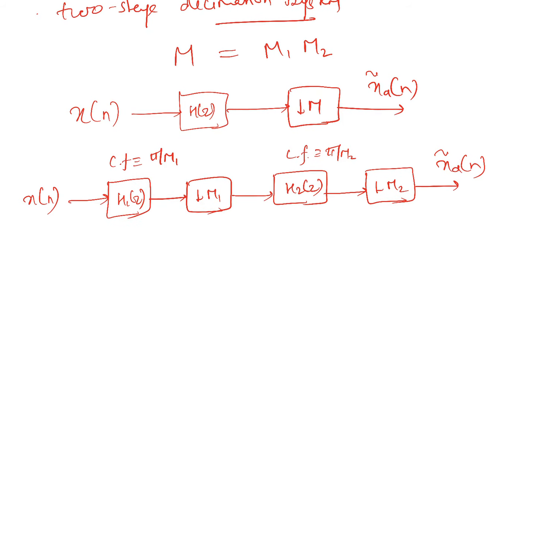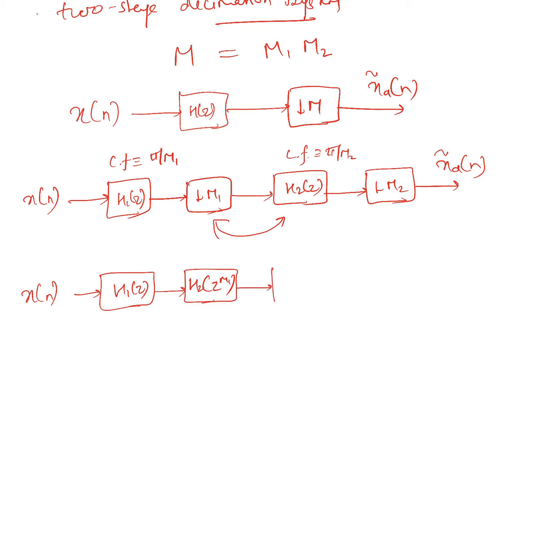and we will use the same principle we had discussed just now about interchanging the filtering and the upsampling and downsampling. So first of all, I will interchange these two blocks, M1 and H2 of z. So I can write x of n as H1 of z, and if I interchange this block, the frequency response would change to H2 of z to the power M1.